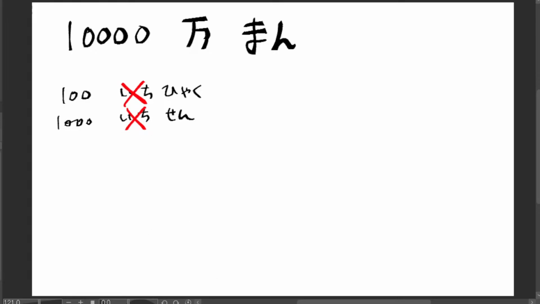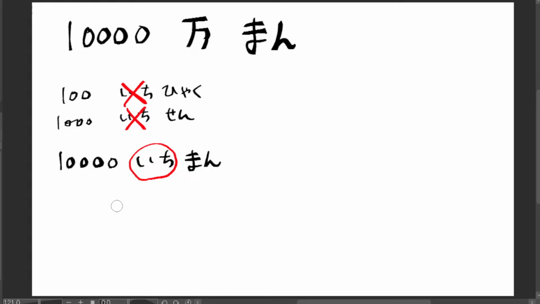But it's different with man. I don't know why, but for man, you have to say ichi man. Maybe because it is a bigger number, so you have to say it clearly. So you say ichiman only for 10,000s.